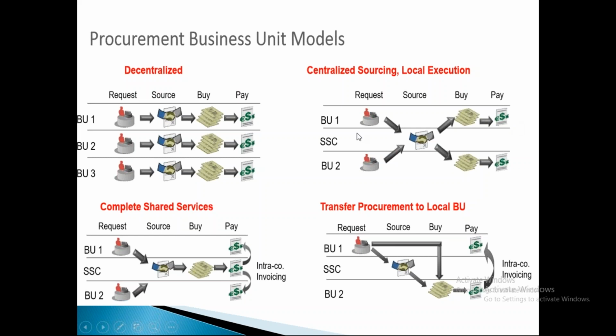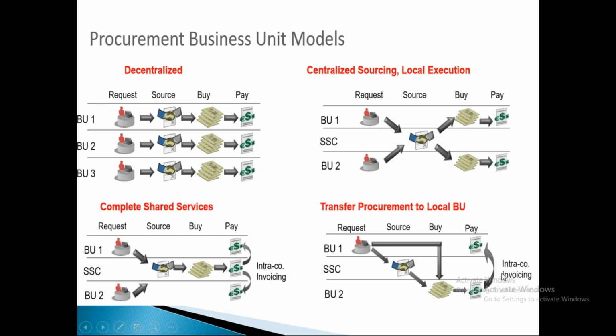This is centralized sourcing. Now a complete shared service model: here BU1 is requesting, and sourcing is done by a shared service center, and then buying and paying happen either by the requesting BU or by the shared service center.